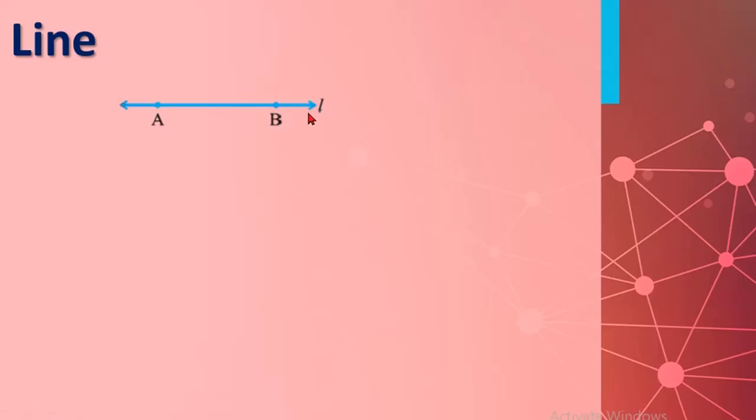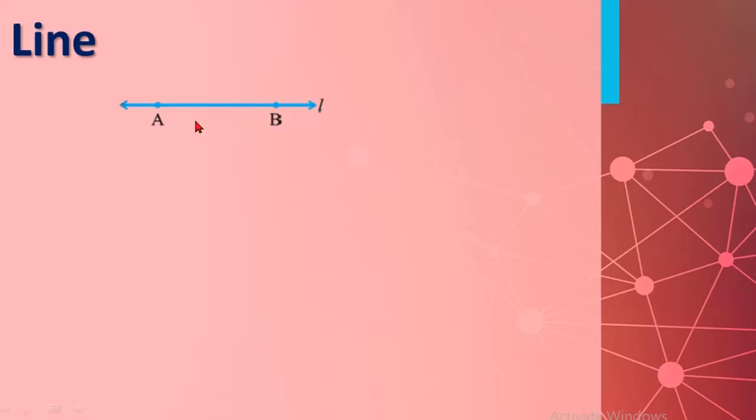What exactly does it denote? It says that the line is not limited, the line can be extended in both directions. So that is the main difference between a line and a line segment: the line segment doesn't extend in either direction, whereas a line can extend in both directions.